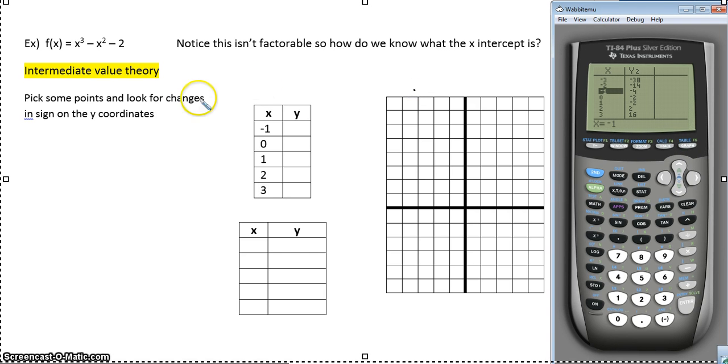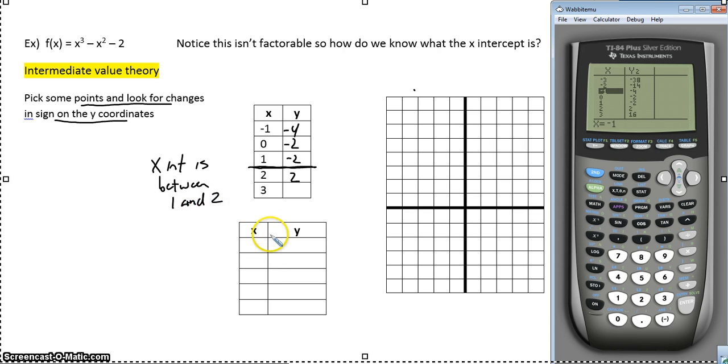So we talked about looking for the points where we have changes in sign in the y coordinates. Here at -1, we're at -4, then we're at negative 2, then we're at negative 2 again, and then we're at positive 2. So right here we said that there should be a 0. So our x-intercept is between 1 and 2.